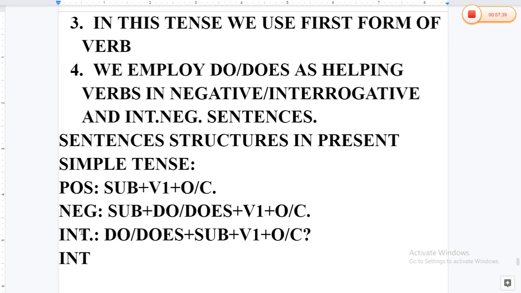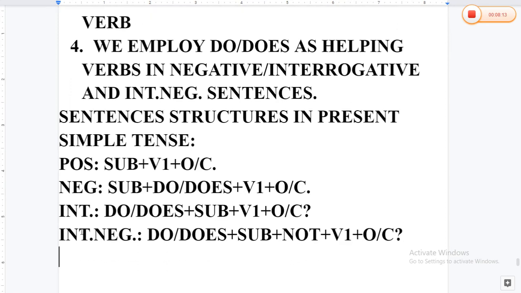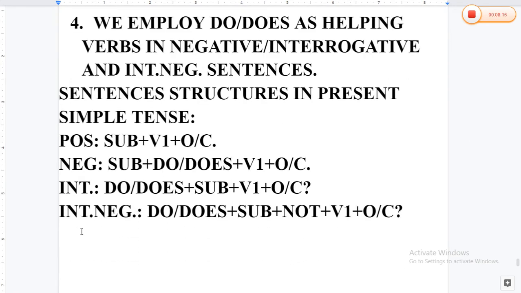Interrogative negative: do, does plus subject plus not plus verb V1 and object and complement and question mark. These are the four structures of this tense. For further rules, there are some rules here.